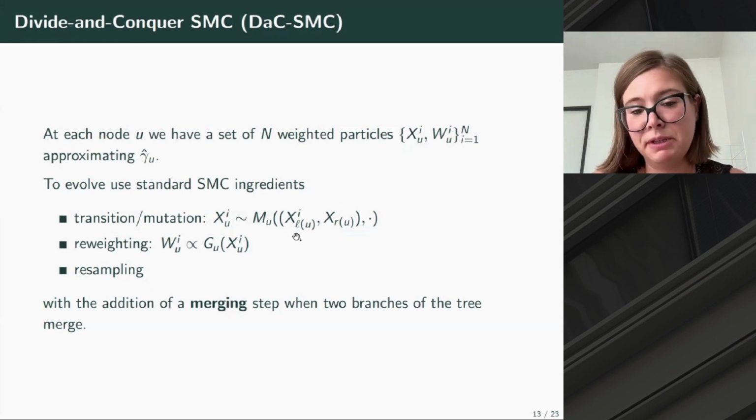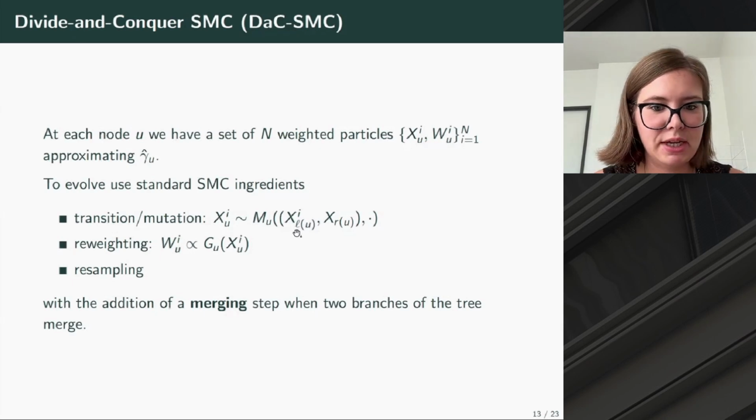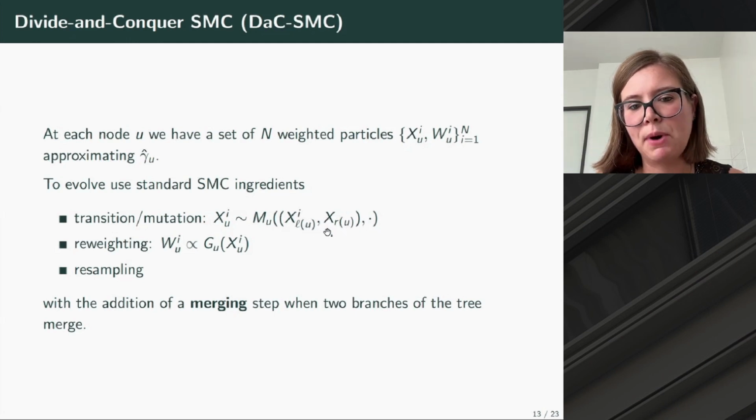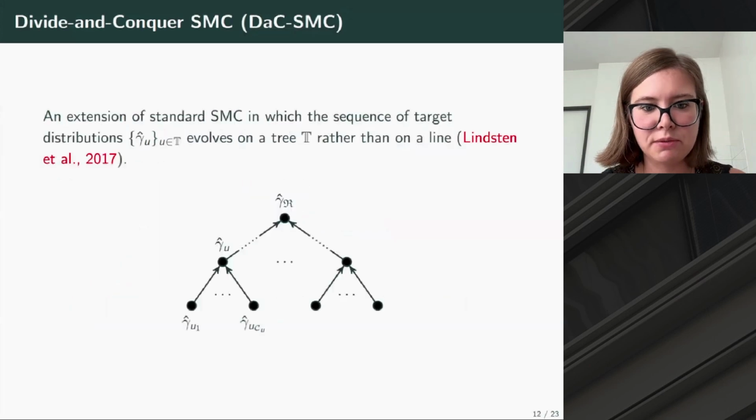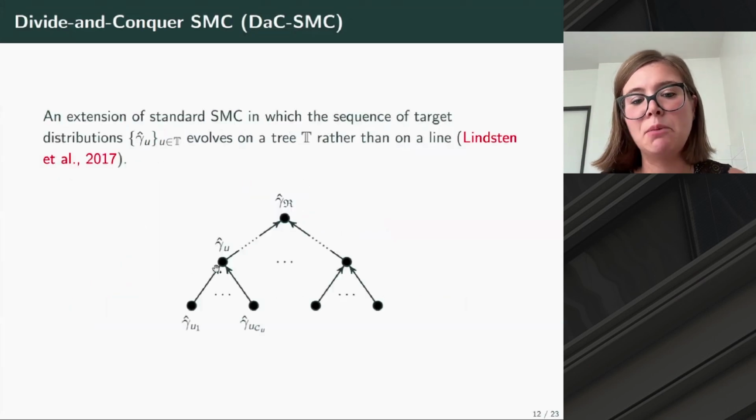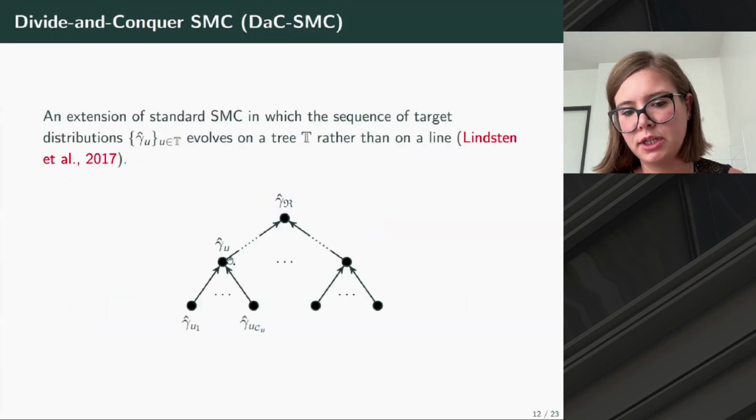I'm going to simplify things a little and assume that I work with binary trees, which means I have a left child and a right child. Taking the left and right children, I'm going to use them to propose something at the level of u, which is the parent node. And then because of the tree structure, we will need some way to take care of the merge operation.